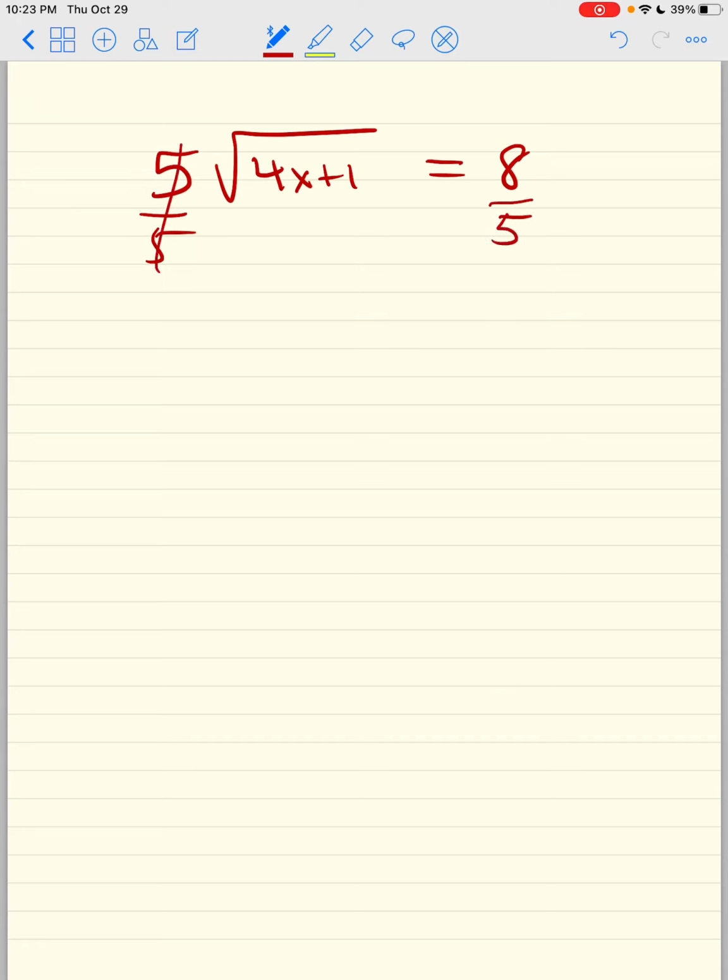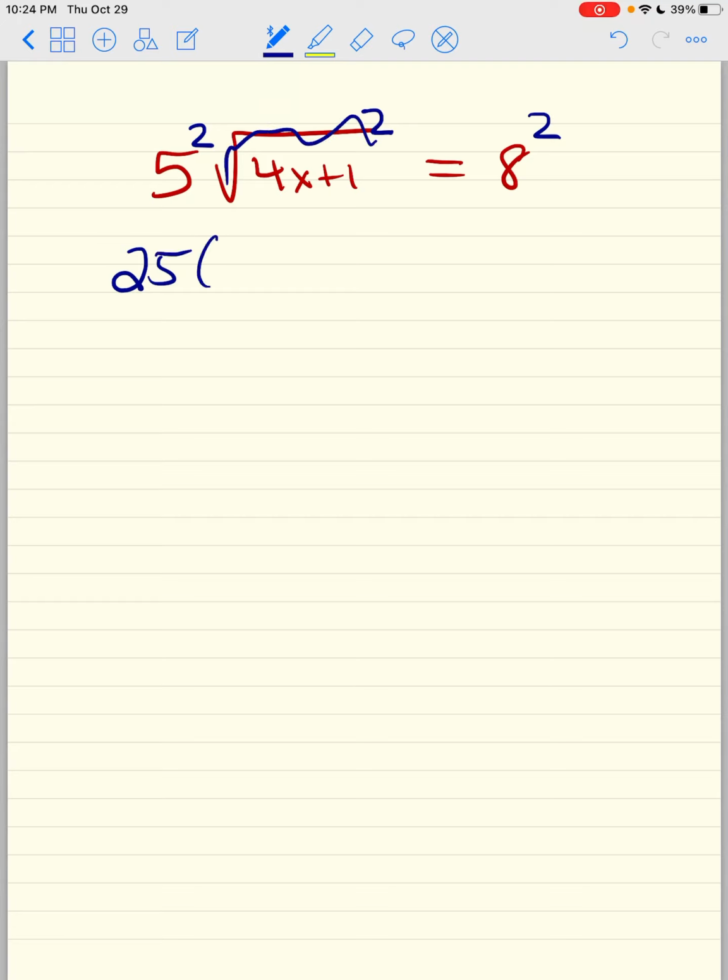But I do want to show you guys something before you go, and I hope you guys are still here. Let's just pretend I had something like this, and this was 8. If I try to divide by 5, 5 does not go into 8 nicely. So one other thing that you guys could do is you can square everybody. You can square the 5, you can square the square root, and you can square the 8. 5 squared is 25.